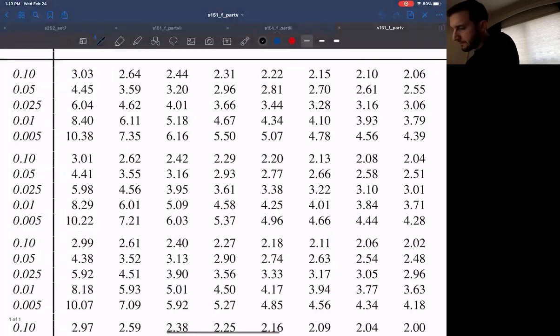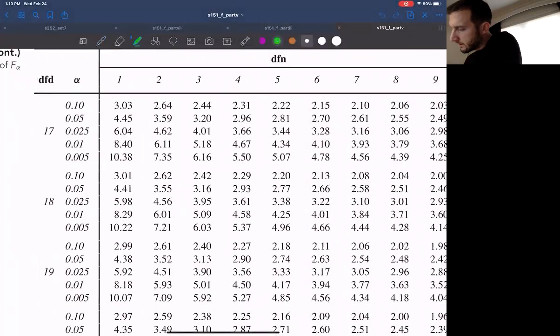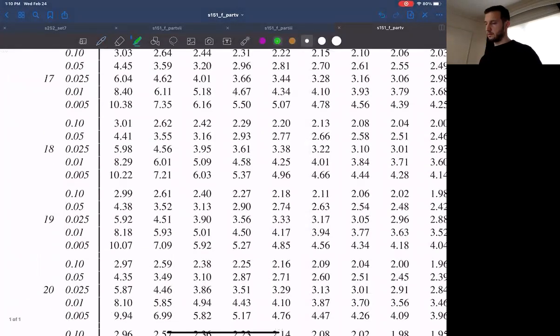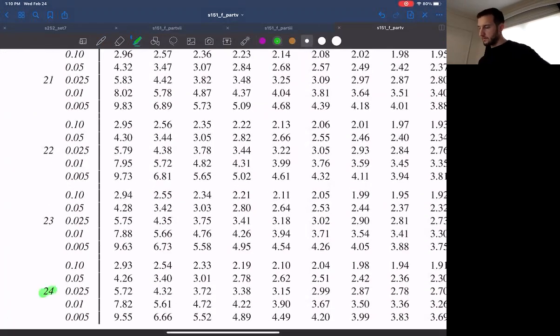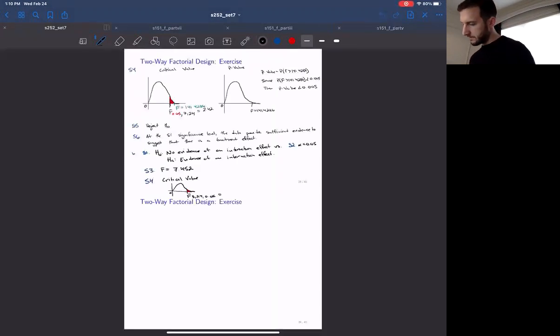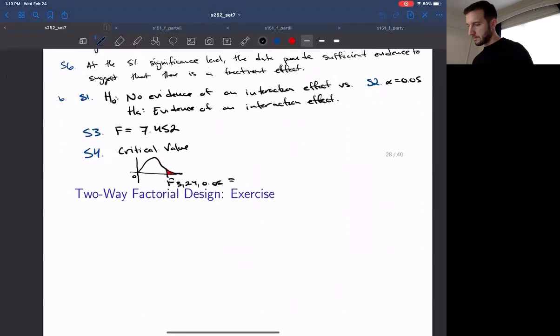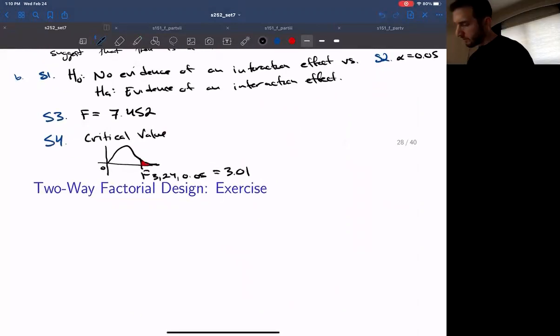So we have 3 degrees of freedom in the numerator, 24 degrees of freedom in the denominator, and we have 0.05, which is 3.01. So our critical value here is 3.01. So the F statistic is clearly inside the rejection region in this case.